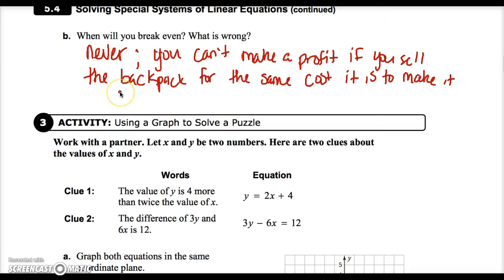Okay, so you will never break even. You're going to have to start selling it for more in order for you to start making money off of it.